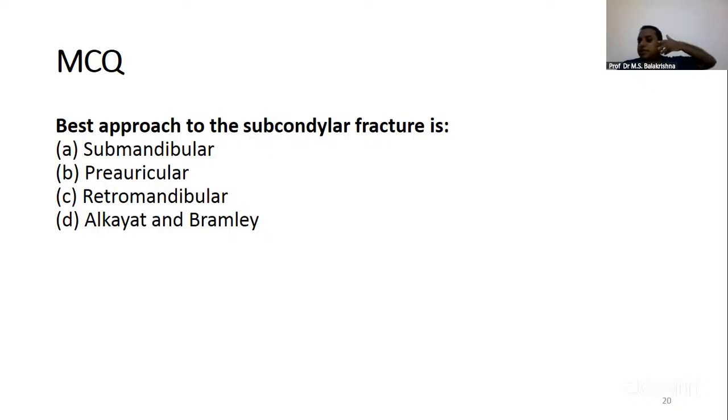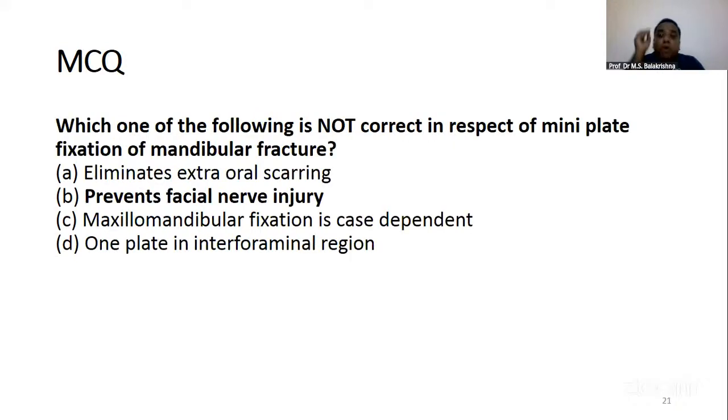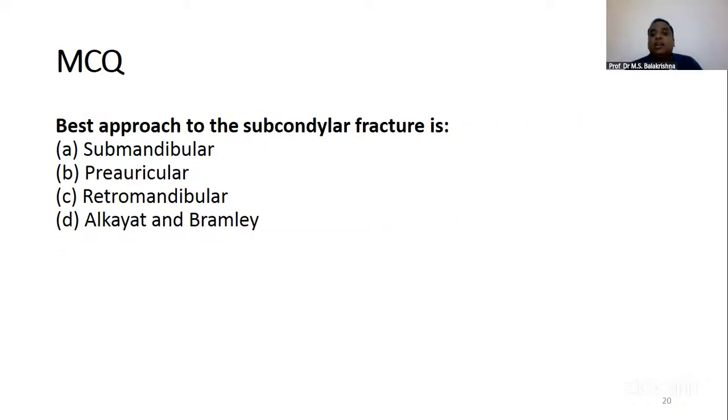Once it enters, it divides into 2 branches, and those again subdivide into 5 branches. This Al-Kayat-Bramley incision is a modified preauricular incision, which takes care that the facial nerve is not damaged.